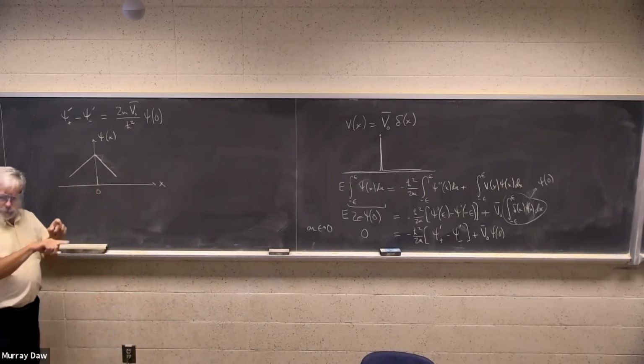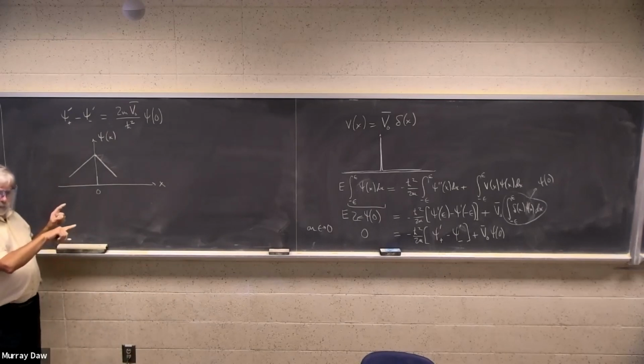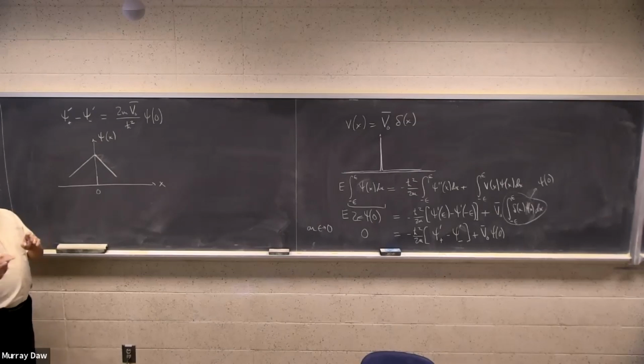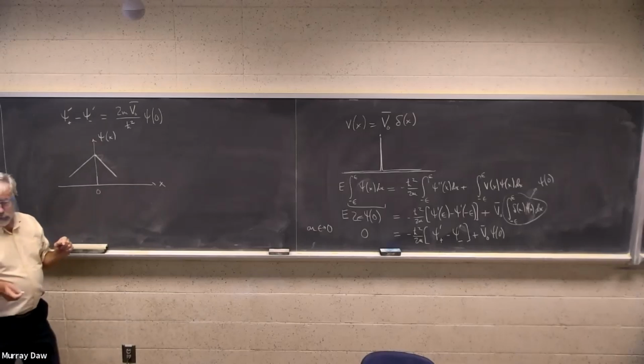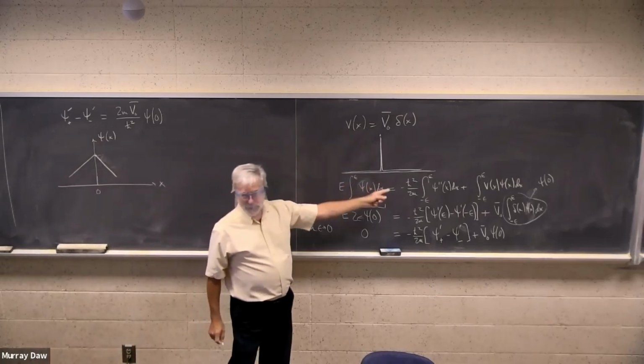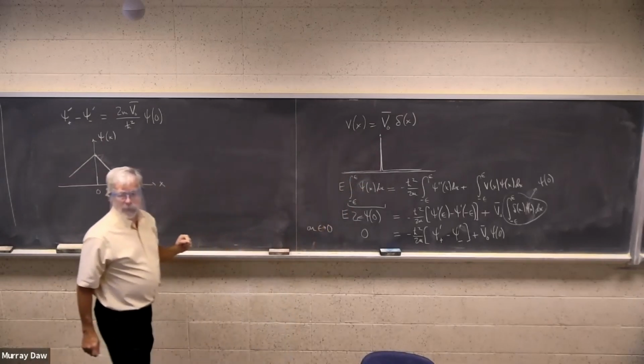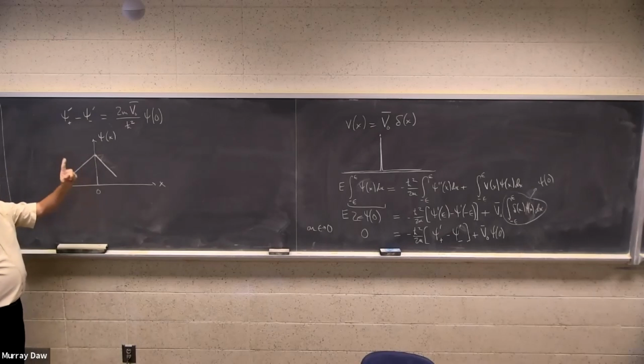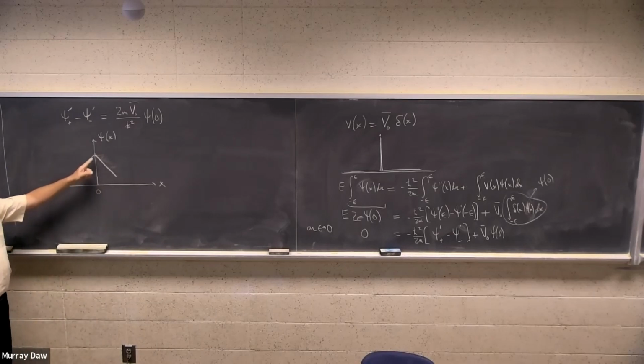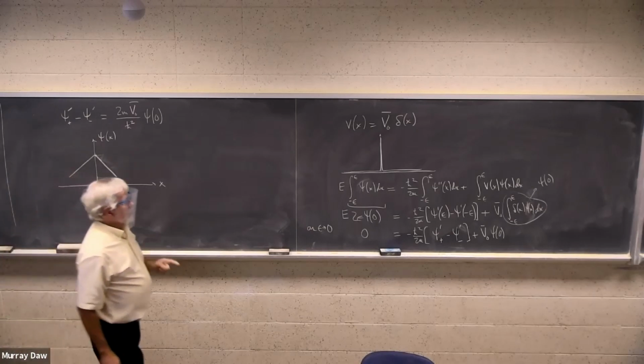So just before this, I said if the potential is not infinite, then the slope must be continuous everywhere. Psi of x and psi prime of x are continuous everywhere. This escapes that because the potential has become infinite. So where the potential goes infinite, the wave function now has a discontinuous slope. We actually saw that for the particle in the box.